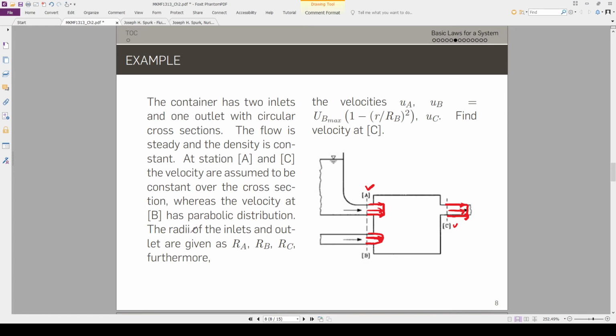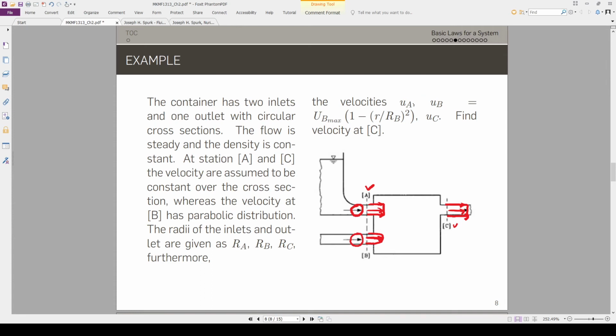The radii of stations A, B, and C are given by RA, RB, and RC. That means the cross sections at all stations are circular.